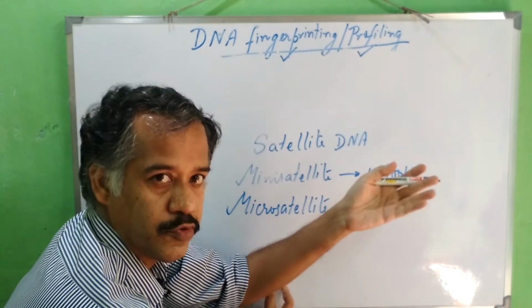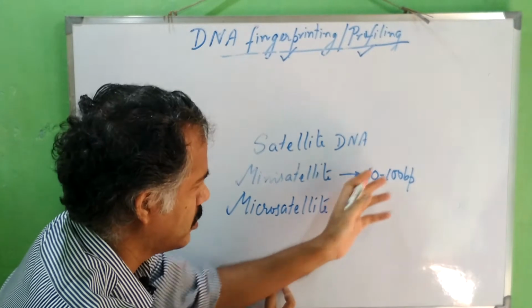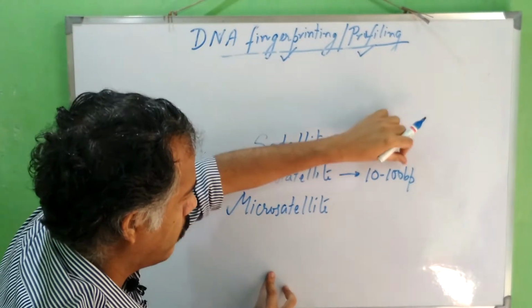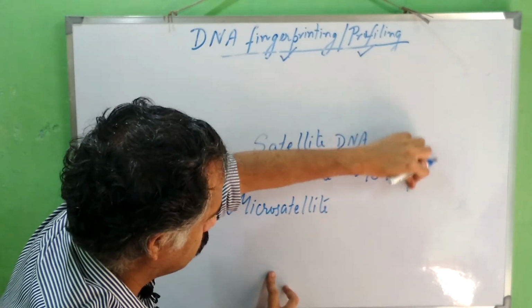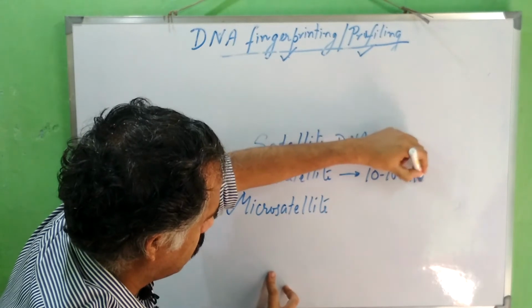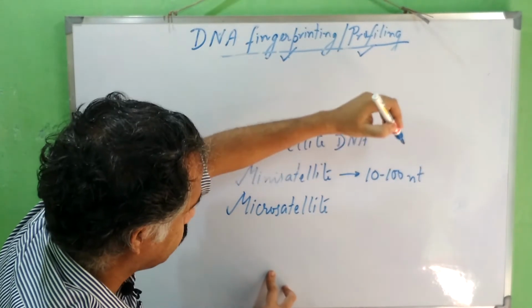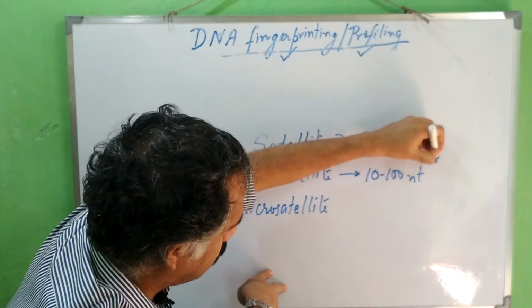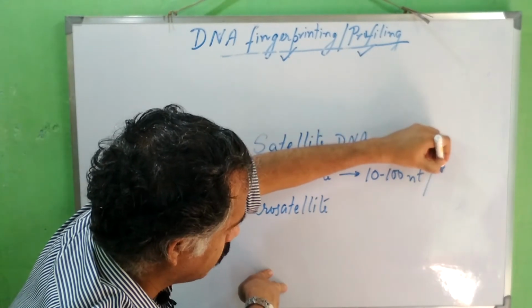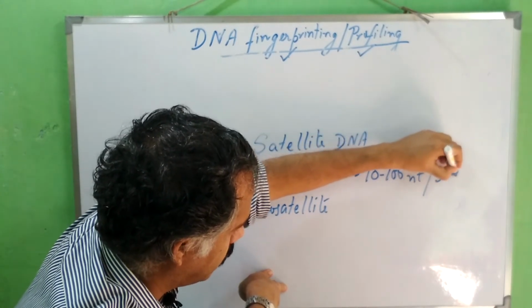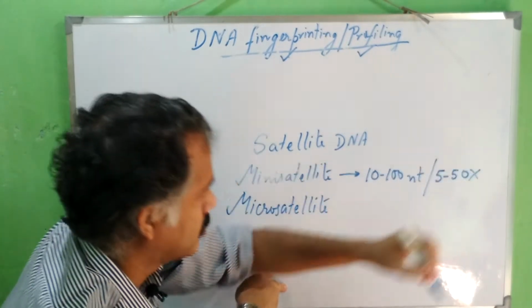You'll find different books giving you slightly different estimates, but this is the broad range, 10 and 100 base pairs, or 100 nucleotides, you could say it that way. And the number of repeats present at any given chromosomal position is, say, between 5 and 50 times.